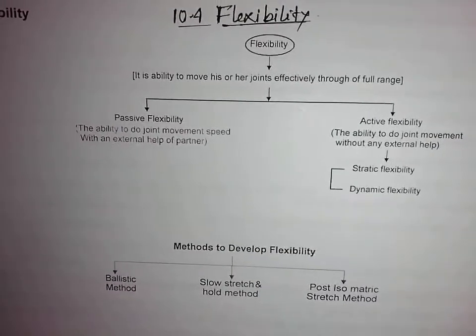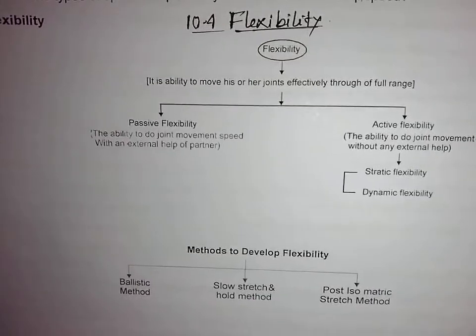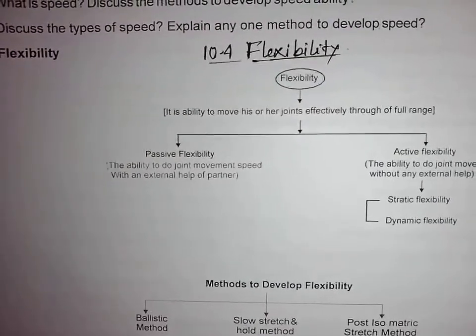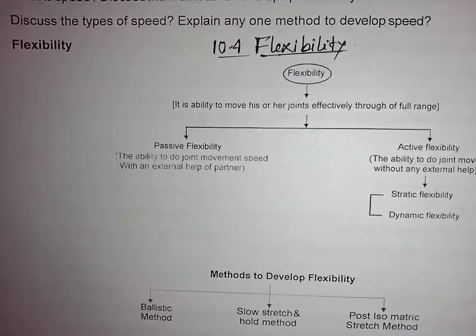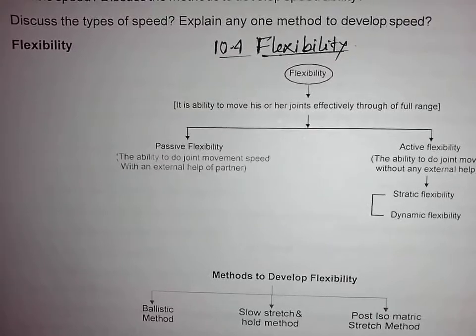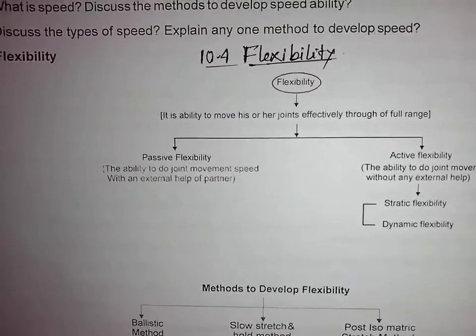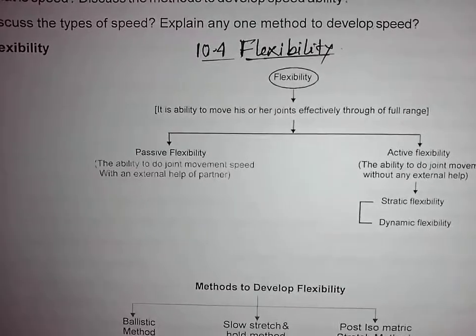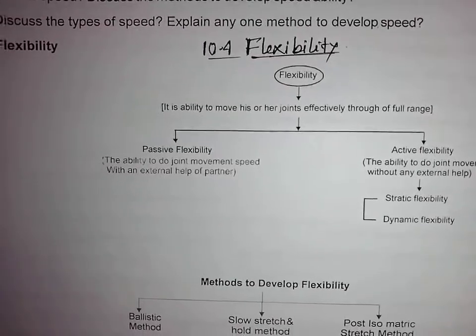There is passive flexibility and active flexibility. In passive flexibility, it is the ability to do joint movements with external help from a partner, and active flexibility is the ability to do joint movement without any external help.